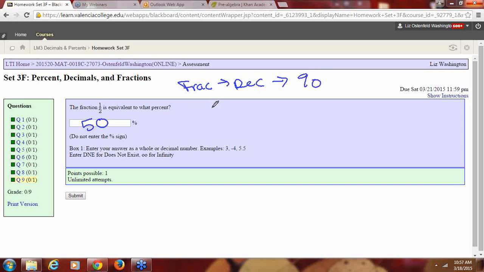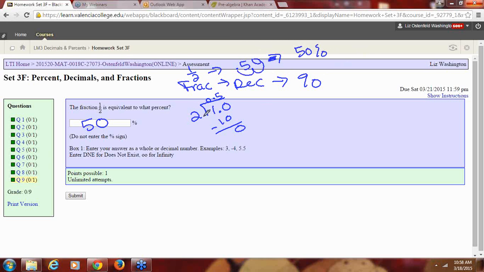So 1/2 is technically 1 divided by 2. So the decimal is right here. 2 cannot go into 1, but it can go into 10. 5 times gives me a remainder of 0. So that means the fraction 1/2 is the same as the decimal 0.5, and 0.5 is the same thing as 50%.